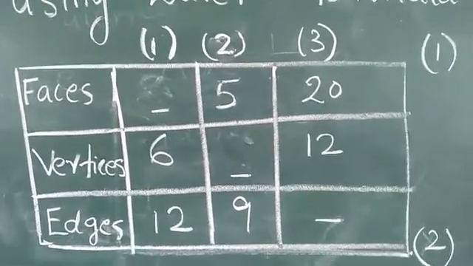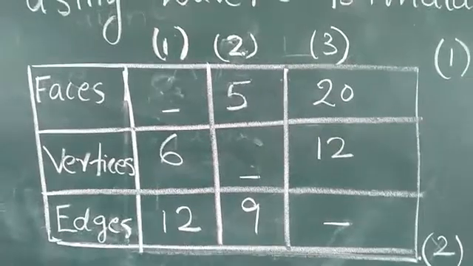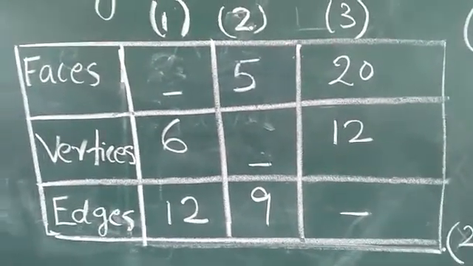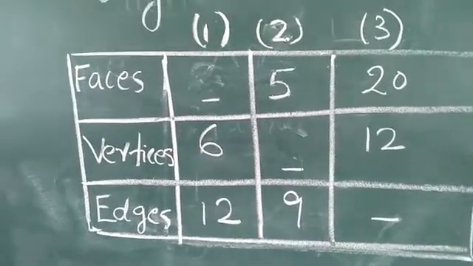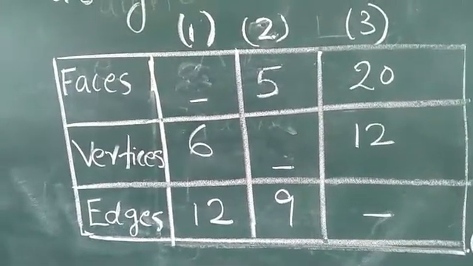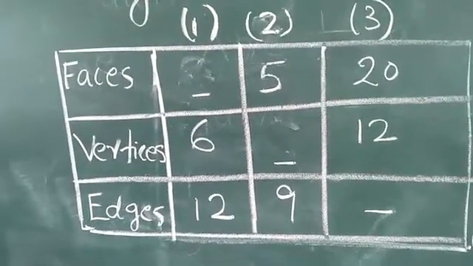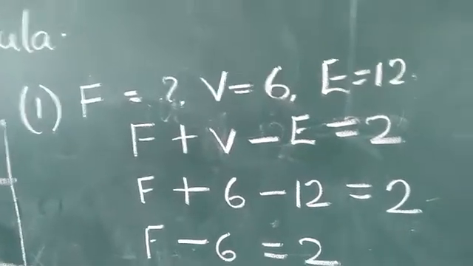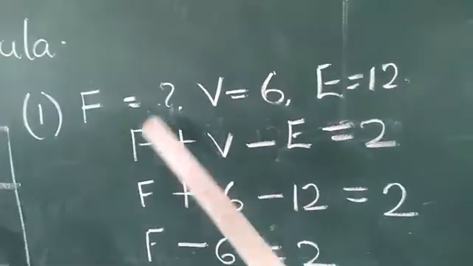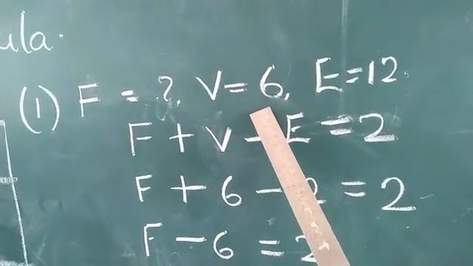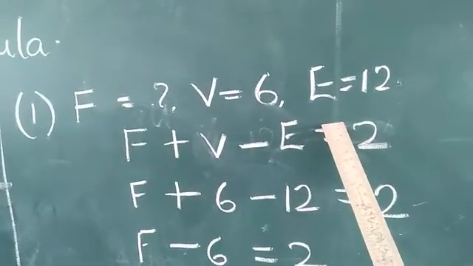We have to calculate the number of faces using Euler's formula. Okay. So, first question we can write as F is equal to which one? We don't know. So, we can put a question mark. Vertices V equal to 6 and edges E is equal to 12.